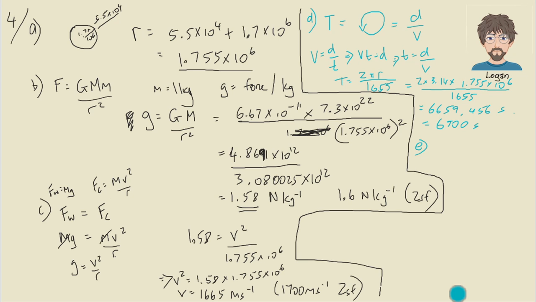Part E, if the height of the satellite is increased, explain what happens to its speed. Well, that's an interesting question, isn't it? Do they mean that if we kept it in a circular orbit at a greater height, still in orbit or not?